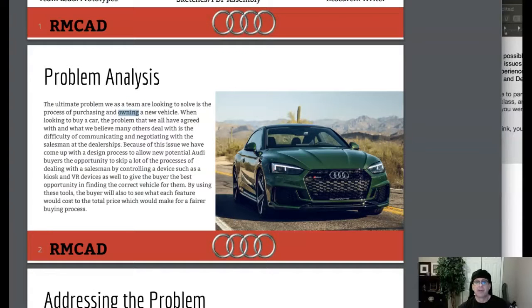Presumably there are no problems there. Once we own the car, I think we're pretty much smooth sailing. We're addressing the issues that aren't catering to the needs of the purchaser in the industry itself. So this first sentence is perfect, except I would not include owning a new vehicle. And then this is a good description.